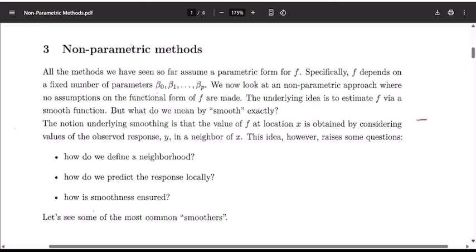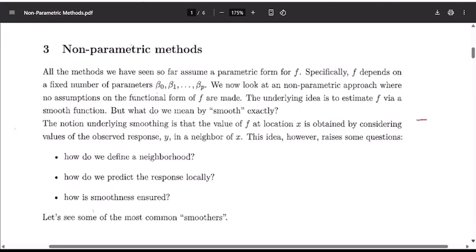Of course, you all know why we need a smooth function. In a smooth function, we want a function that is continuous, and not only that. Let me explain what we mean by a smooth function: a function that varies gradually with no breaks, no sudden change, and no sharp corners.